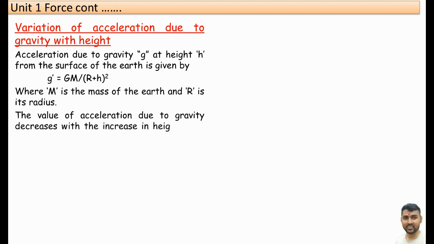The value of acceleration due to gravity decreases with the increase in height from the earth's surface, because acceleration due to gravity is inversely proportional to the square of the radius of the earth.